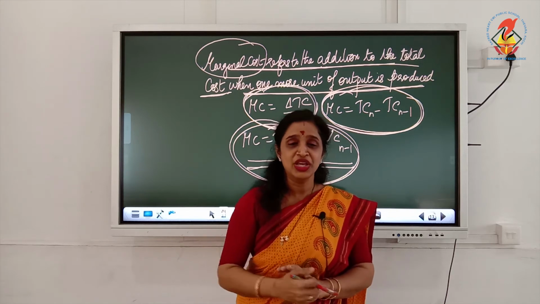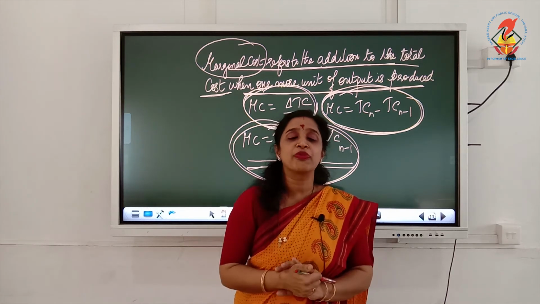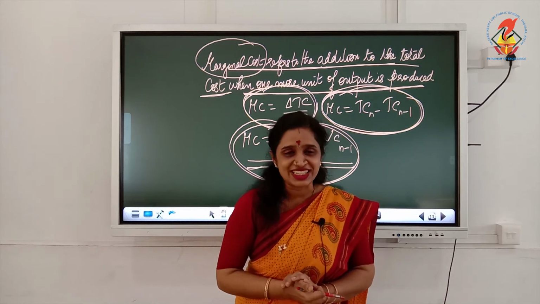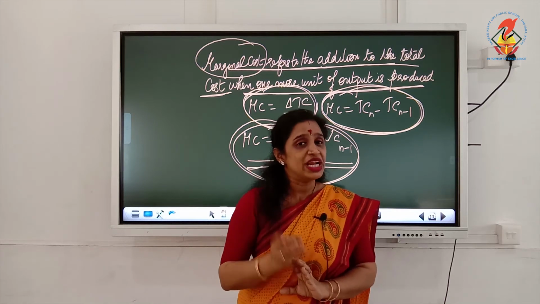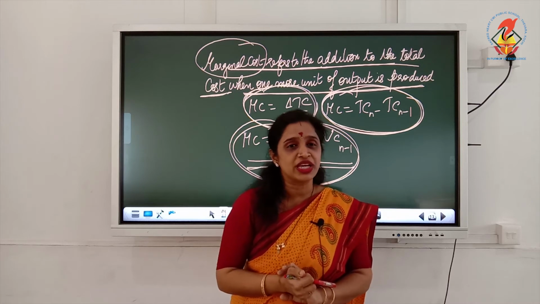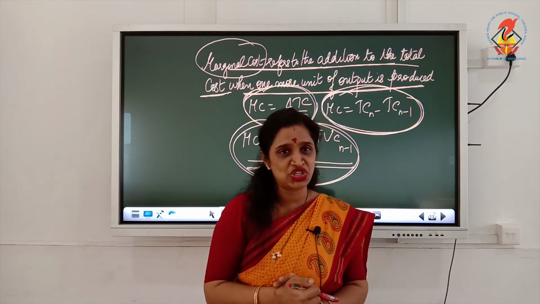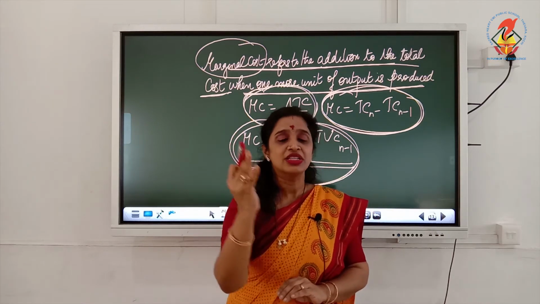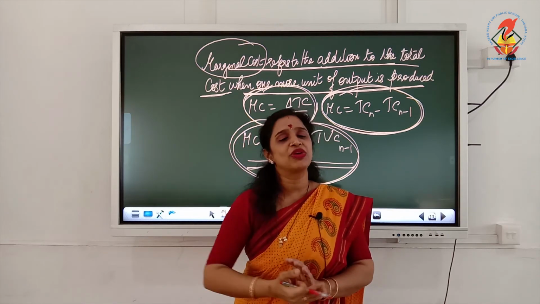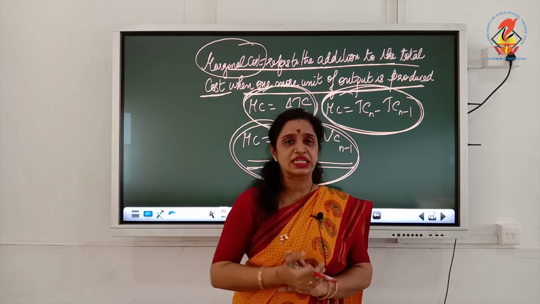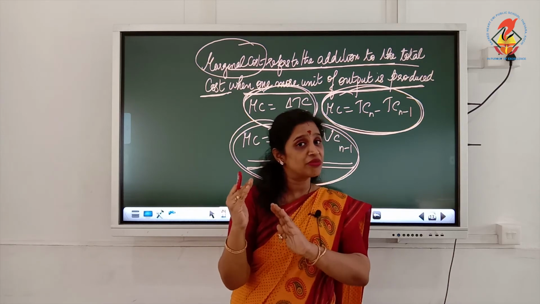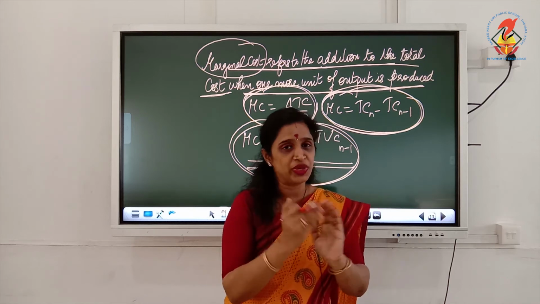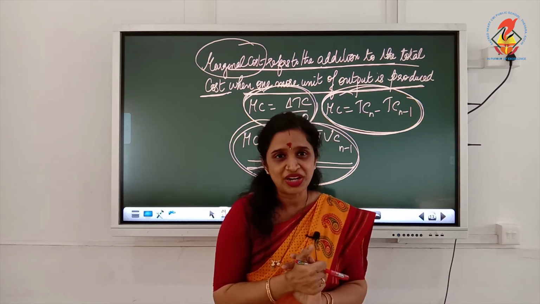Now you know that when additional units are produced in a firm, the total variable cost increases. The cost of producing 10 chairs is not the same as the cost of producing the 11th chair. It will vary, isn't it? So when additions are made, there will be changes in the variable cost. Total variable cost is increased. That is the connection between marginal cost and total variable cost.